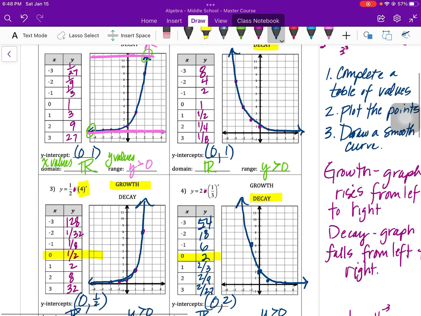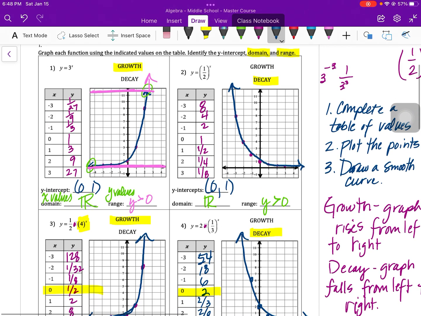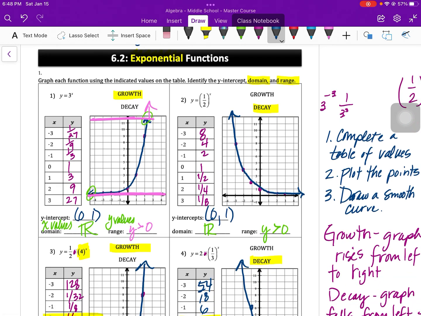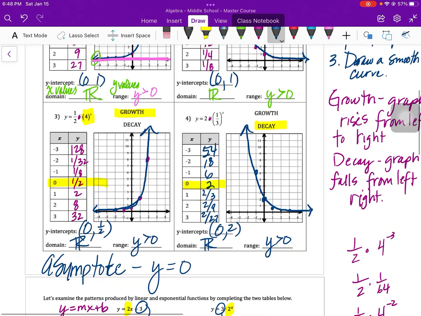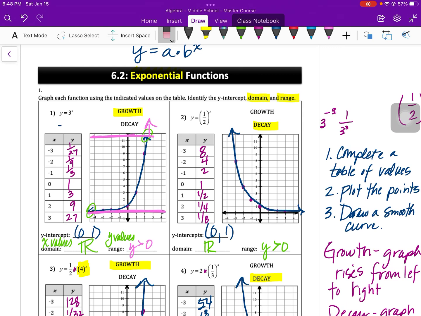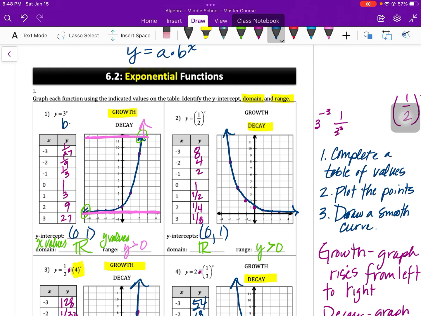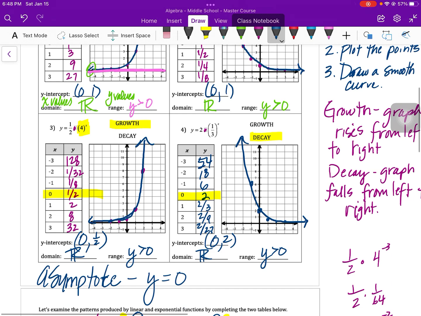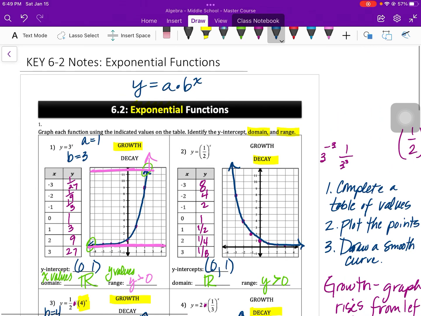So if you look at our two functions that are growth functions, those two functions on the left-hand side, do you notice that the value of b in this function is 3? Sorry, I said a and I meant b, so let's fix that. We're looking at our value of b, not our value of a. So this is b equals 3. By the way, in this first function, the value of a is 1 because it's not shown. So it's the same as saying 1 times 3 to the x. In problem number 3, the value of b is 4.